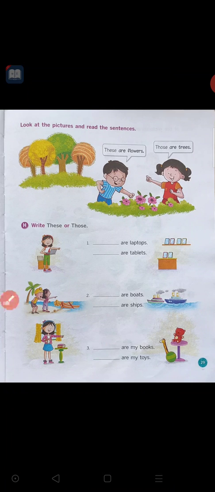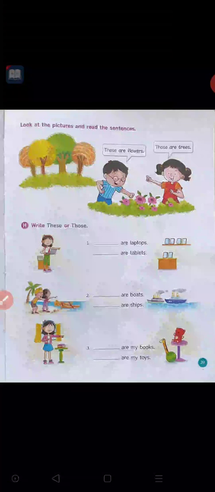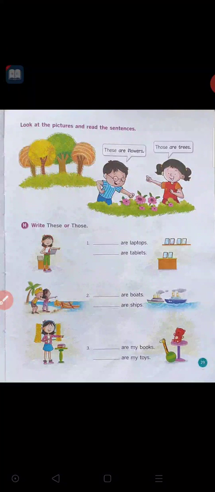Did you understand when to use that, when to use this, when to use those, when to use these? One is there means that, two or more means those. One is there means this, two or more are there means these.